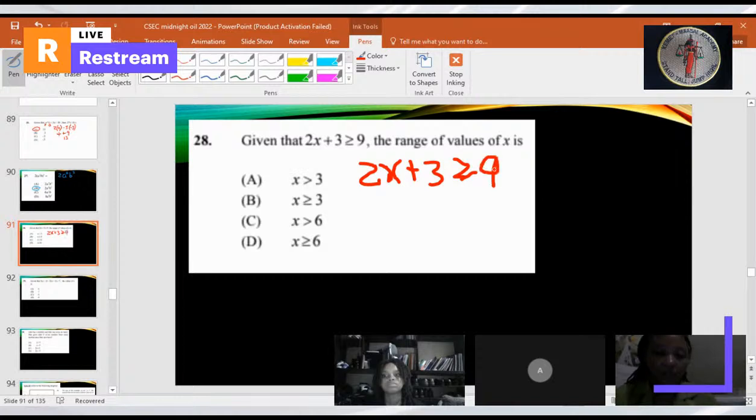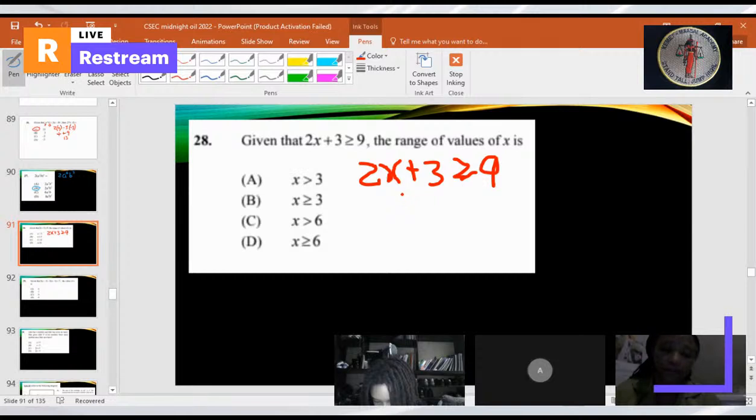Don't plug in the 3. Solve the equation 2x plus 3 is greater than or equal to 9. So how do I solve for x?